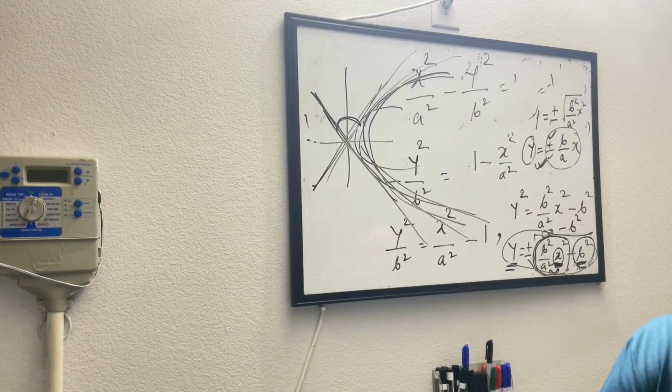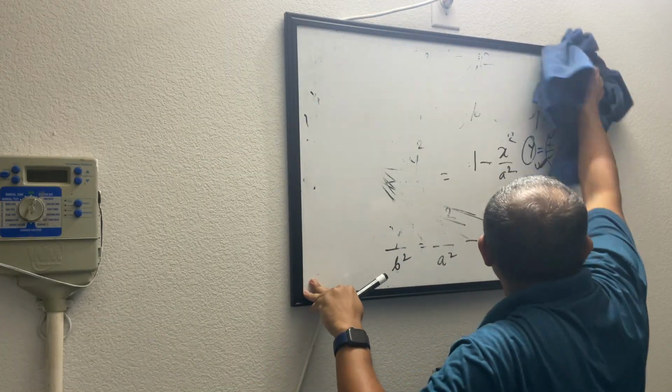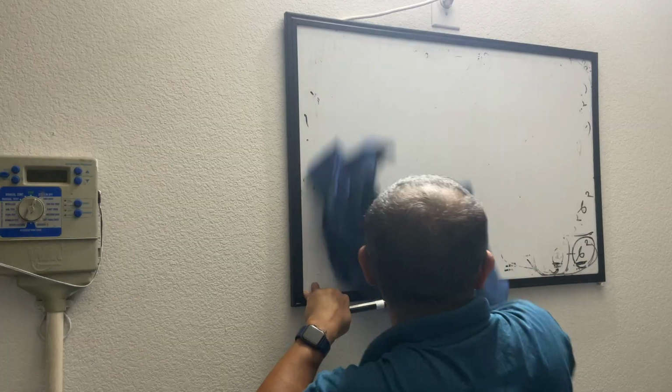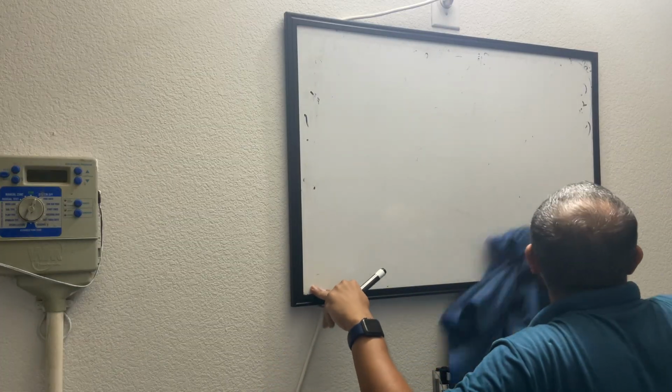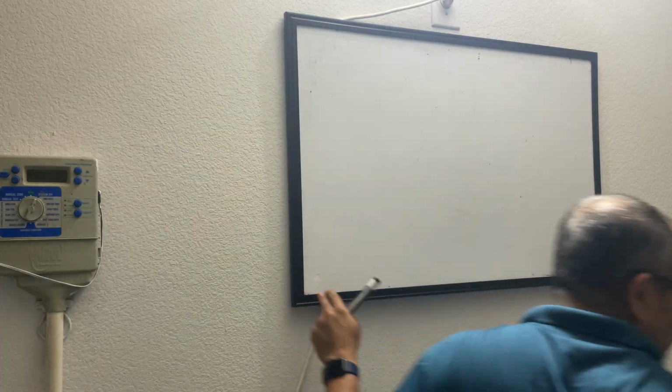Now let's do one more thing. We looked at one equation. Now I will do a side-by-side comparison so that you guys are more clear about what I'm trying to be clear about. Now everybody can see the full board, right? The full board is visible to you guys, and everything that I'm writing is legible, right?